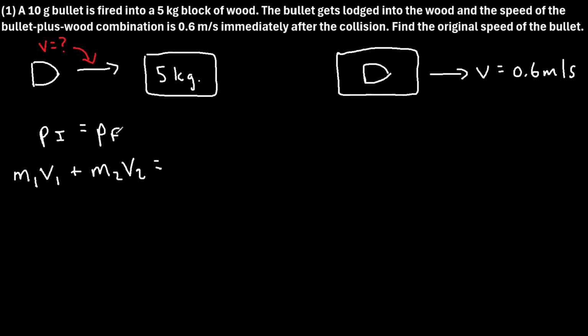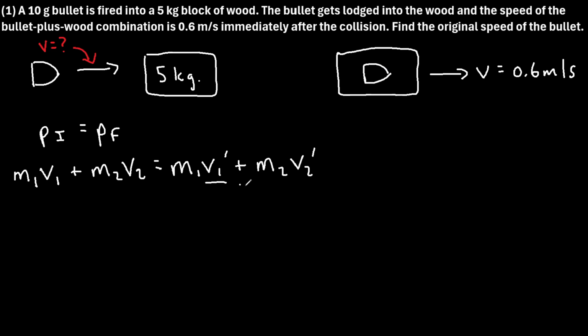And that's going to be equal to the final momentum, which is the mass of the first object times its final velocity, plus the mass of the second object times its final velocity. Now, in this example, the bullet is lodged into the wood, so the final velocity of both the bullet and the wood is going to be the same since they're attached to each other.